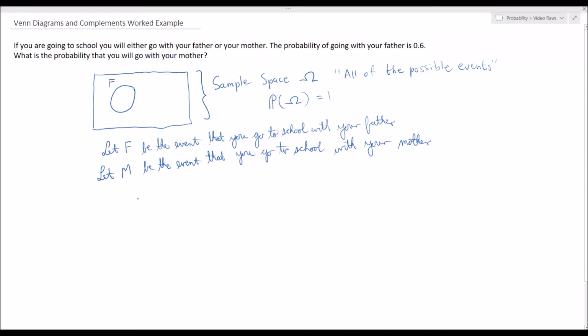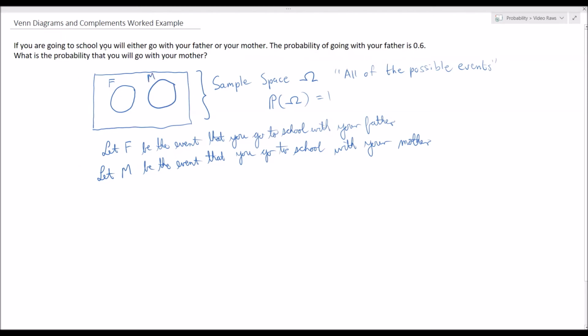So when we are dealing with Venn diagrams and any probability or statistics questions, it's usually good practice to write down the key or the legend of what your symbols mean. F means we're going with our father. M means we're going with our mother. So this circle over here represents the set of days or events where we go to school with our mother.